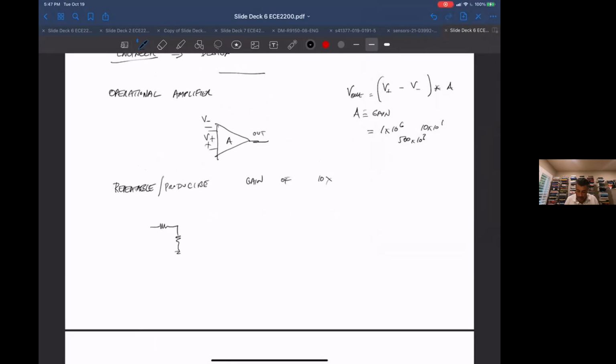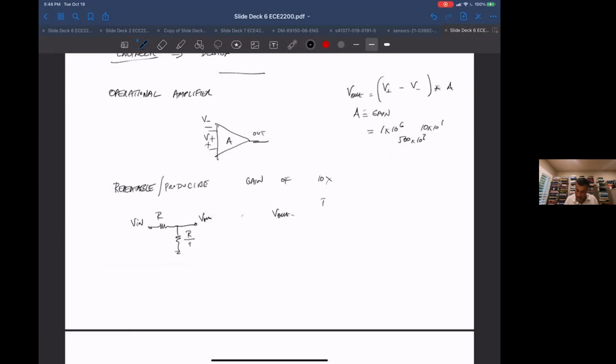You put an R over 10 here and an R... well, it's R over 9, I guess. Maybe I'm doing this wrong, but basically you can get a voltage divider, right?